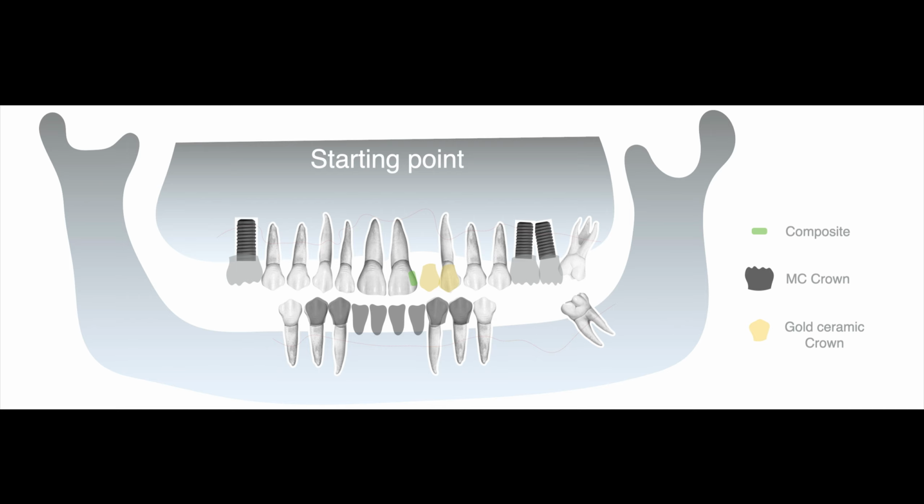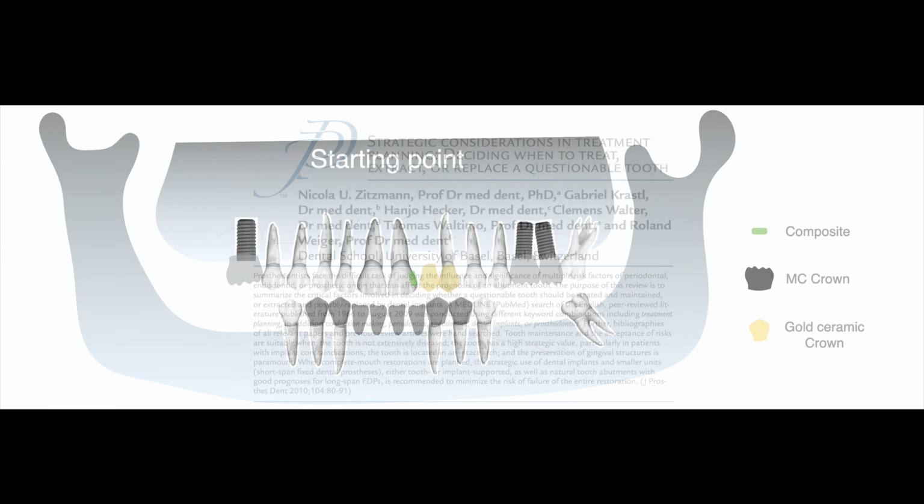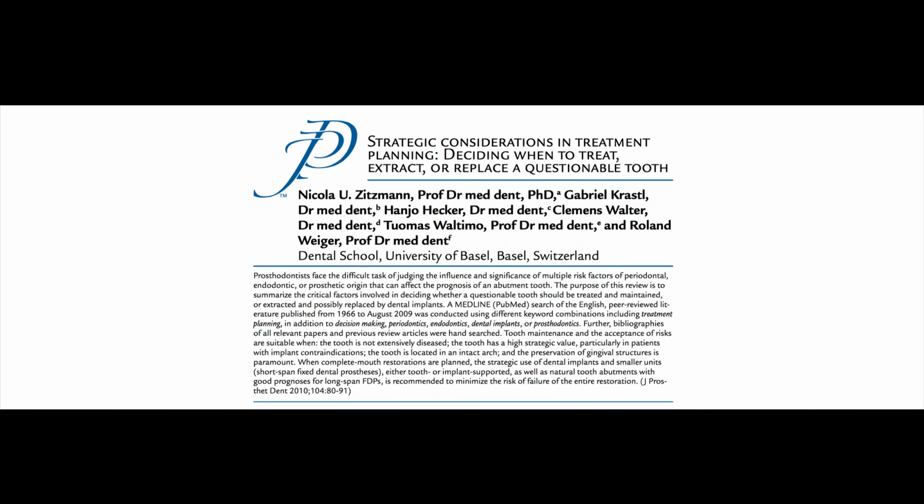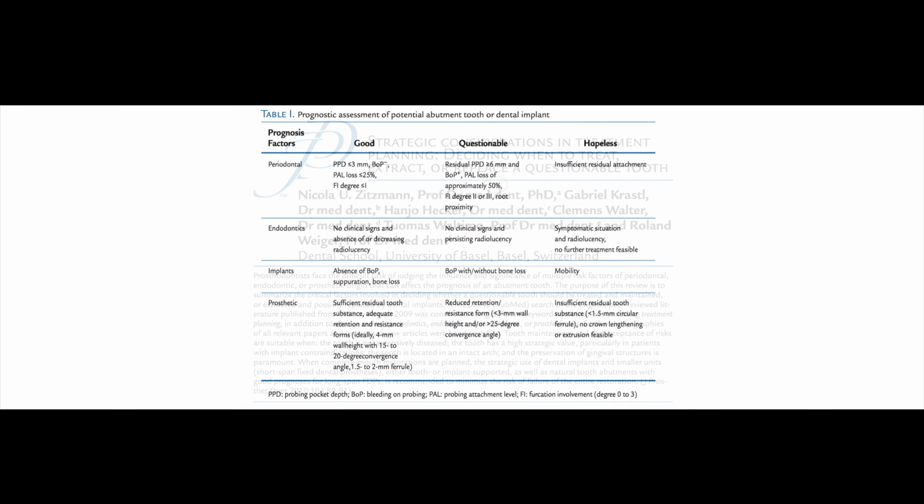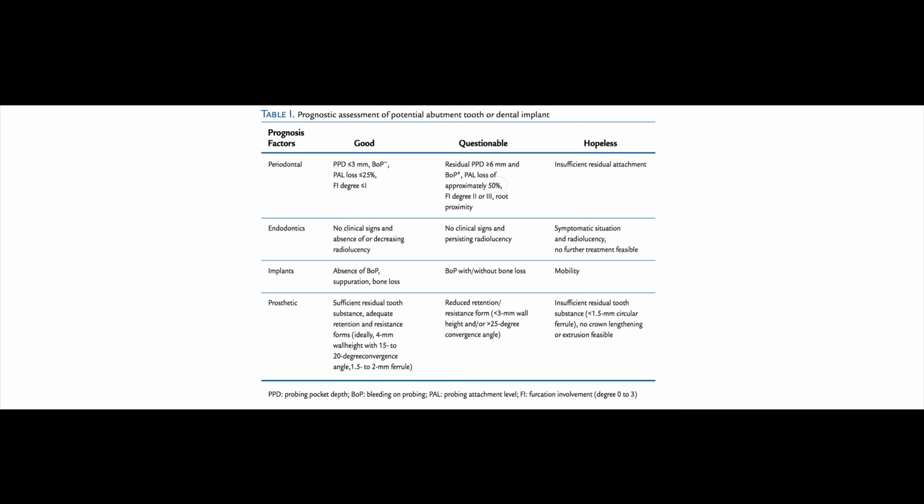I mean, how do we analyze whether a tooth can stay in the mouth or we have to extract it? This article is very useful because it helps us consider how and when we can treat, extract, or replace a questionable tooth. We have to analyze the periodontal aspect, then the endodontic, and then implants and prosthetics.